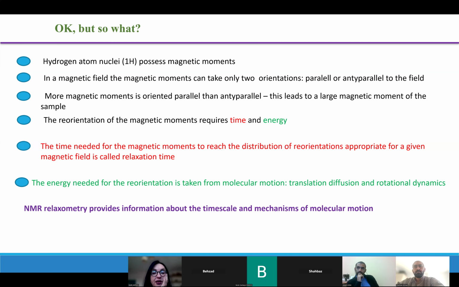Well, the system should reach the new equilibrium following the Boltzmann distribution. So if I reduce the magnetic field, the difference between the populations of those two energy levels should become lower and the magnetization should become smaller. If I increase the magnetic field, the difference should become larger and the magnetization gets higher.